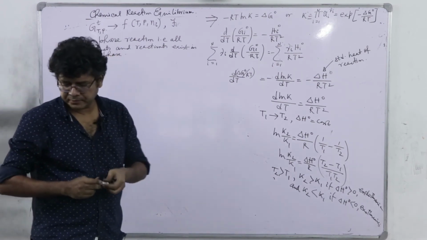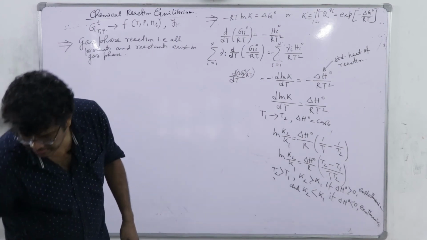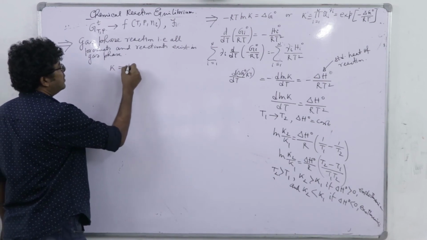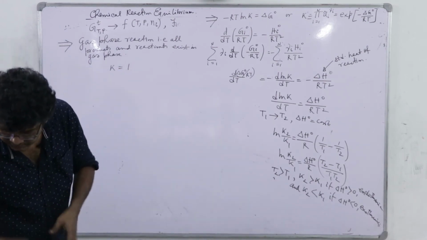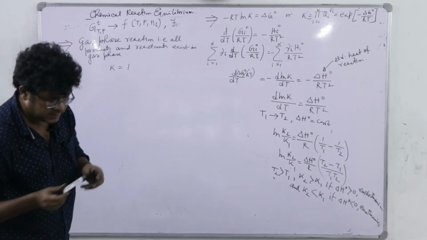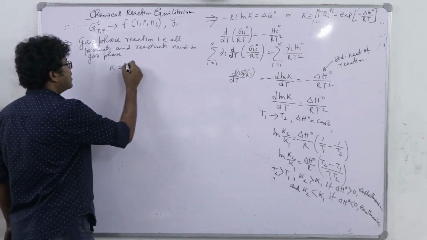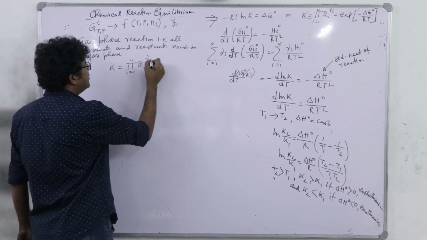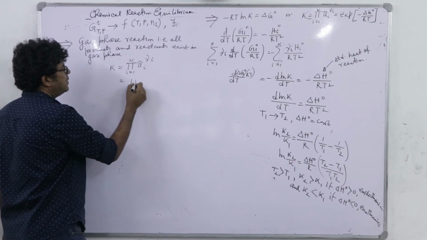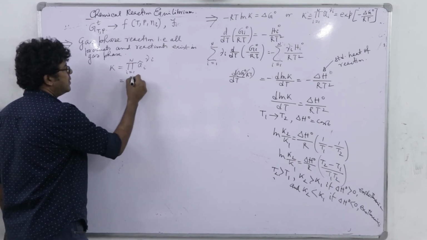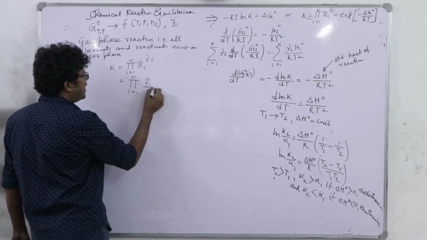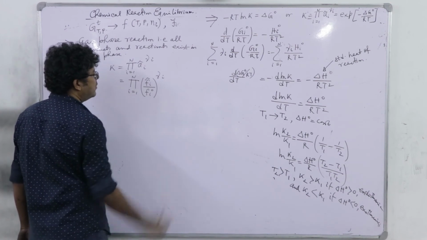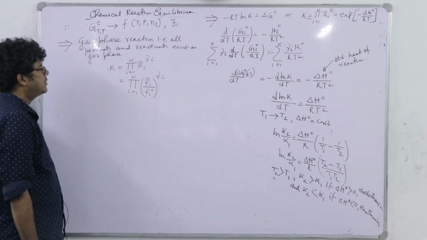Here you see that we have K equal to the product of a_i cap to the power nu_i, and this a_i cap is f_i cap by f_i naught, to the power nu_i, correct.